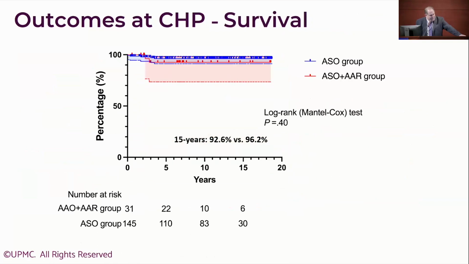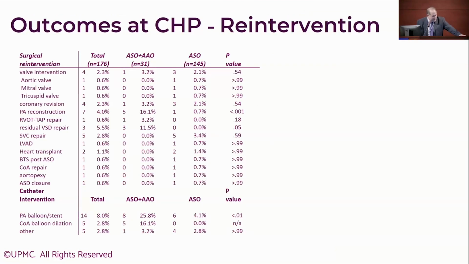Now, what we found is that down the road, the patients that require aortic arch augmentation require more reintervention on the pulmonary artery. This is our follow-up at 10 years and 15 years, and at 15 years the follow-up is 92% and 96% in the groups. Some of them we lost to follow-up because patients did not come back.